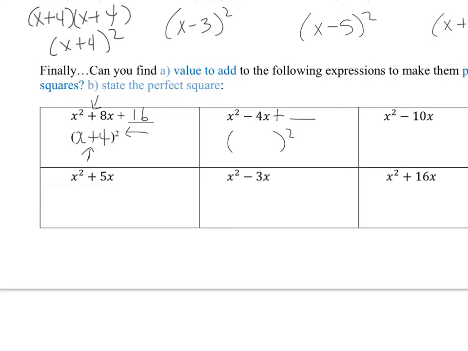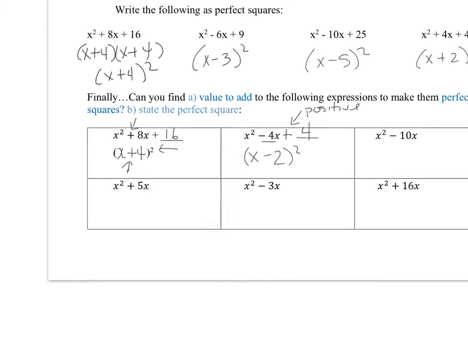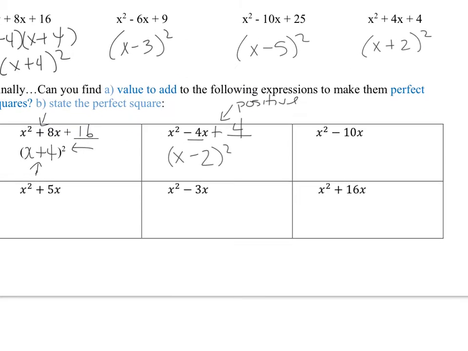So we have to figure out what these two numbers are. Well, take this number, divide it by 2, square it, and put it there. Now notice this number is always positive because I'm squaring negative 2. Whenever you square anything, you always get a positive. So that's important. This one right here keeps the sign, and this one is always positive.